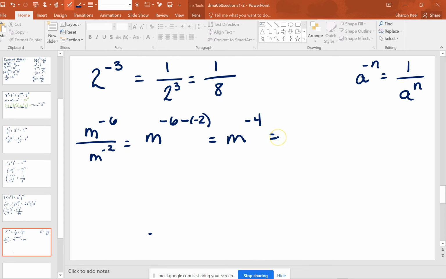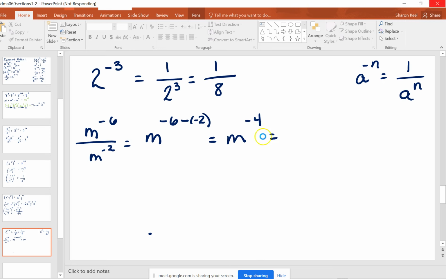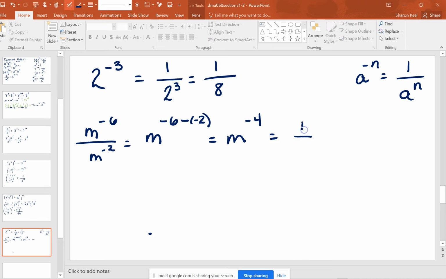When we do our final answer, we are not going to leave this with a negative exponent. What we're going to do is let it drop to the denominator and write 1 over m to the positive 4. Okay, let's try this.